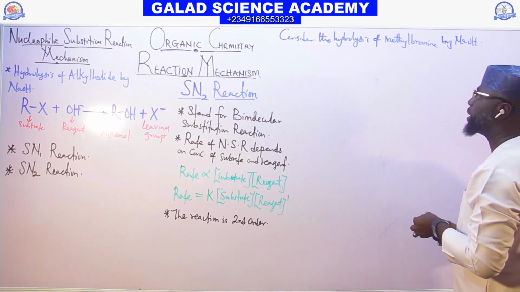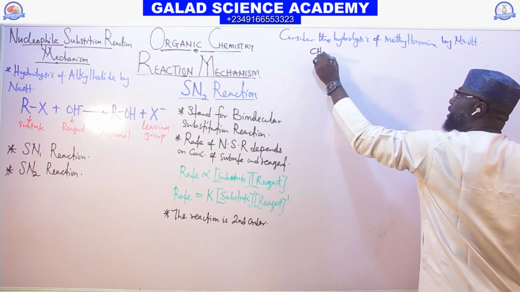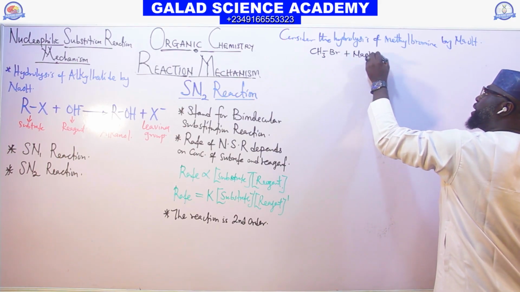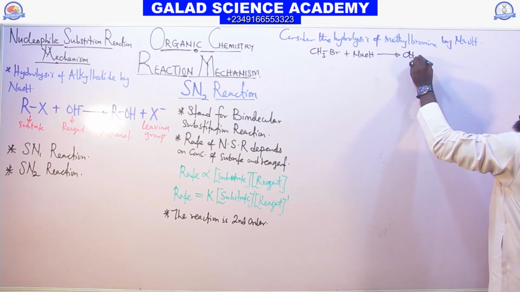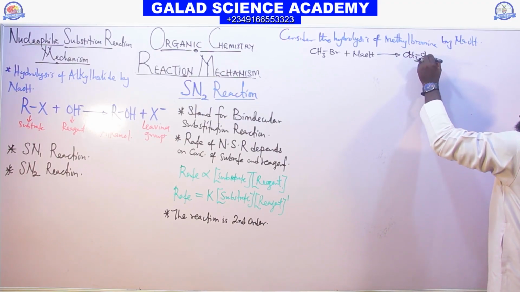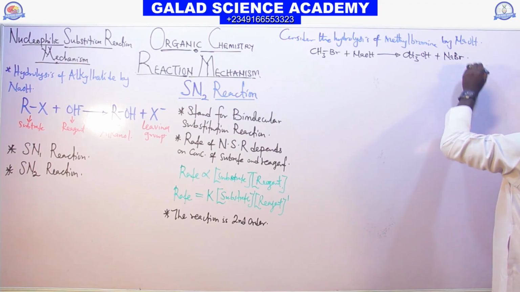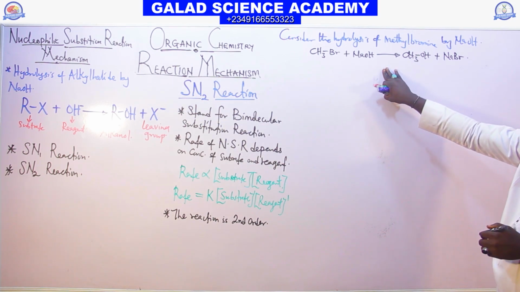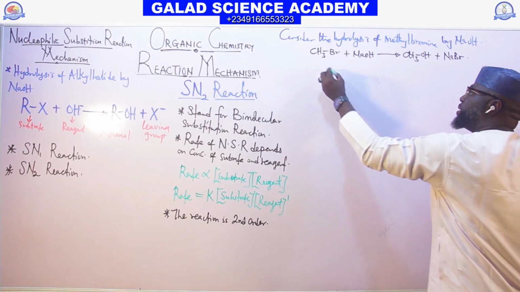If you look at methyl bromide with sodium hydroxide, this is CH3Br with sodium hydroxide. This is a substitution reaction. We have CH3OH plus sodium bromide. So this is the reaction. You are now asked to explain the mechanism.